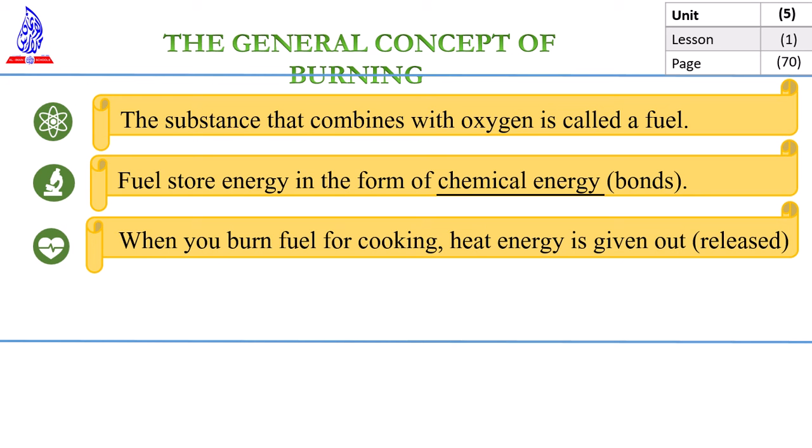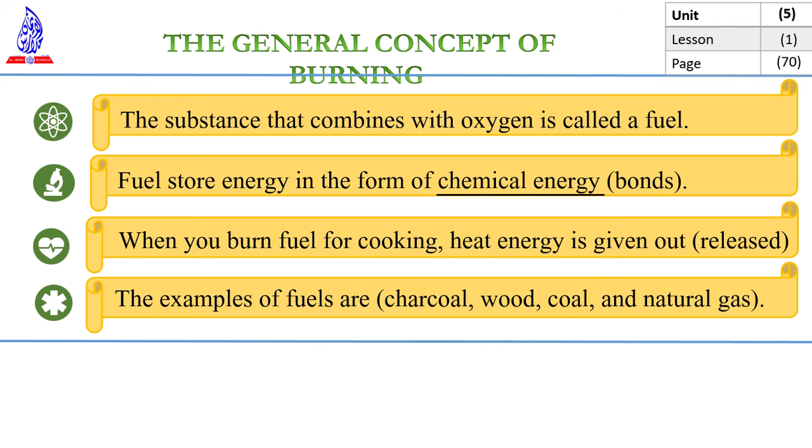When you burn it, very important energy is released. There are different examples of fuel which combine with oxygen to form a new product, like charcoal, wood, coal, and natural gas. These are different examples of fuels that can be used in this chemical reaction.